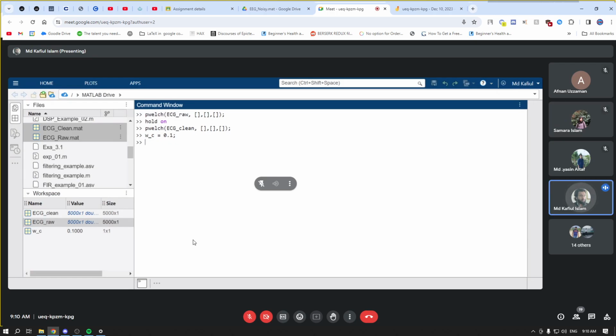That I need A and B, but for A and B, I need to give that cutoff frequency and other parameter for. What is that? Order. Order of the filter. Okay, I have to give the order of the filter. Okay, so I do not know what exactly supposed to be the order, right?